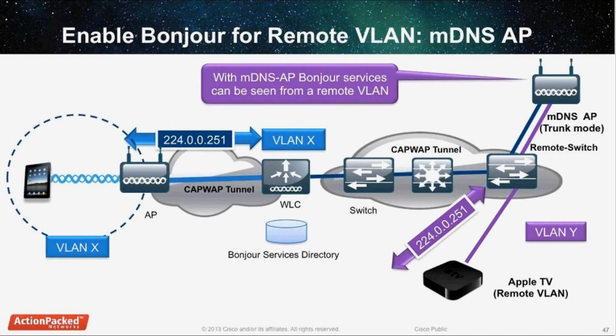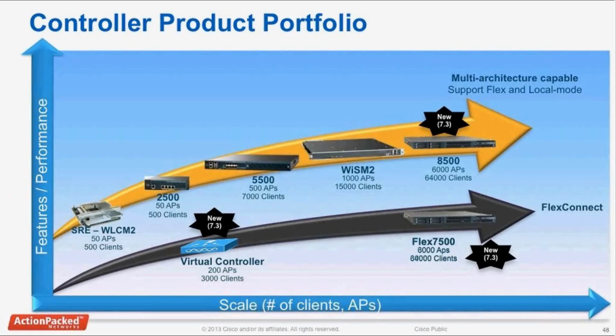But we realized that cannot always be the case, because sometimes the wireless LAN controller is on a different subnet sitting in a data center, and the VLAN on which the wired Apple TV is connected is restricted to a given building only. So you can use something called an MDNS AP, which helps you discover these remote Apple TVs which might be on your network.